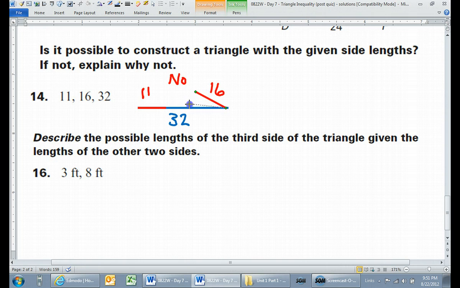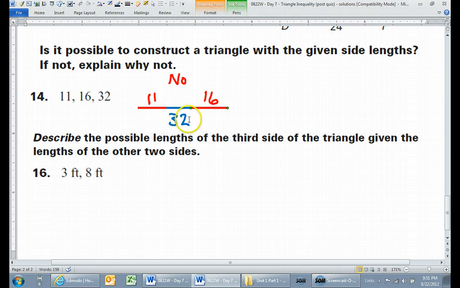And say if this 16 came all the way down. Okay, so that's 16, this is 11. There's no way that those are going to reach because 11 and 16 only make 27, but the distance from one end to the other is 32. So there's always going to be this gap in the middle. So there's no way they're going to make a triangle.